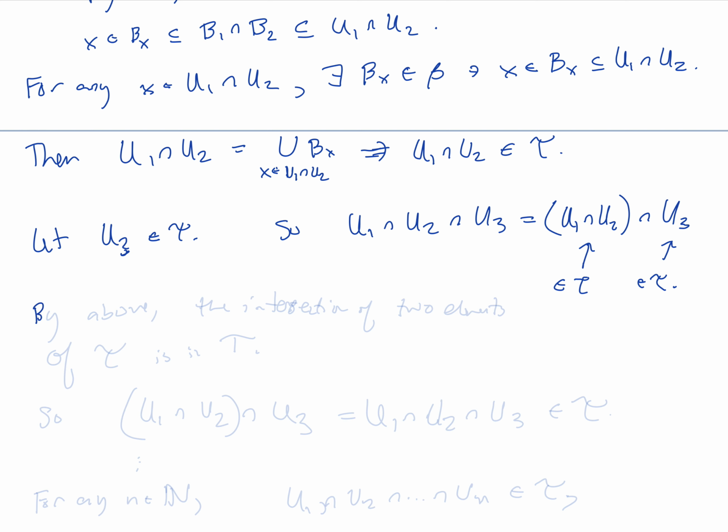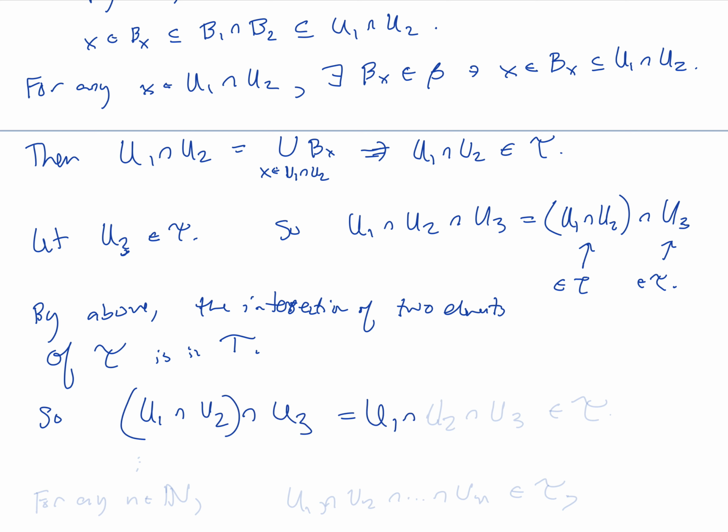And by the proof above, the intersection of two elements of tau is in tau. So that tells us that U1 intersected with U2 intersected with U3, which is equal to (U1 intersected with U2) intersected with U3, is an element of tau.